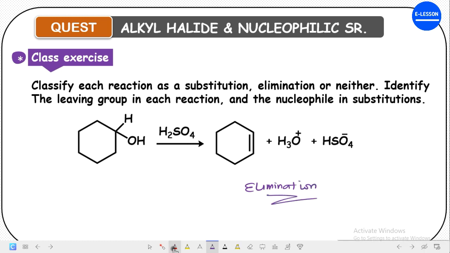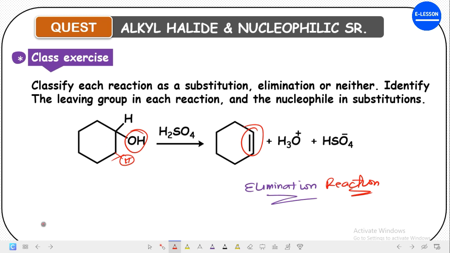If there's any group that is leaving here, it's supposed to be this OH and one hydrogen from here. But this reaction is an elimination reaction because it forms a double bond, and this OH here is being removed. Elimination, to eliminate, means to remove from somewhere. So when you say elimination reaction, it means we are removing something from somewhere.